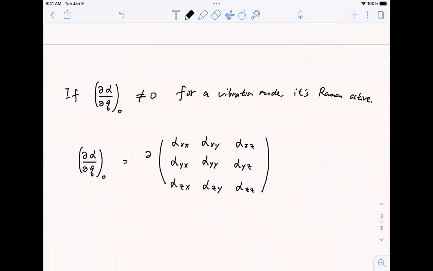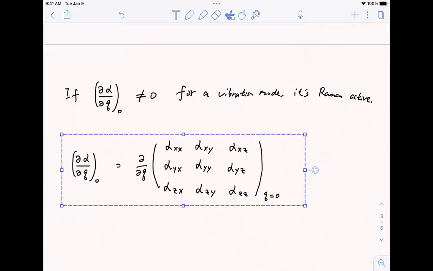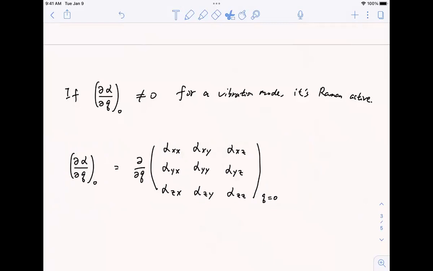Of course, eventually you need to set this to be 0. So this is the tensor that decides whether it is Raman active or not. You can call this a Raman tensor.